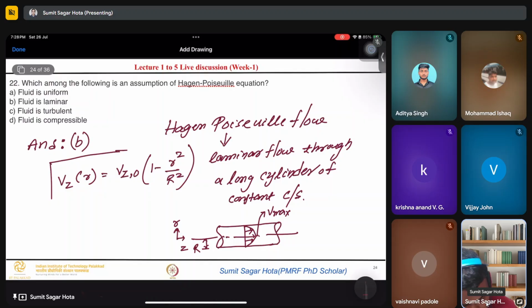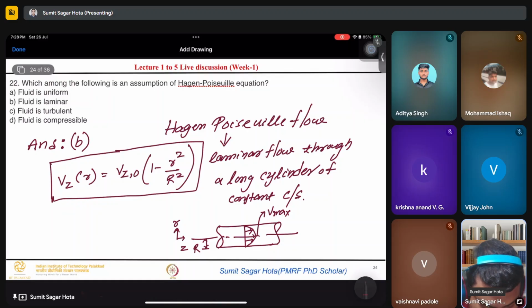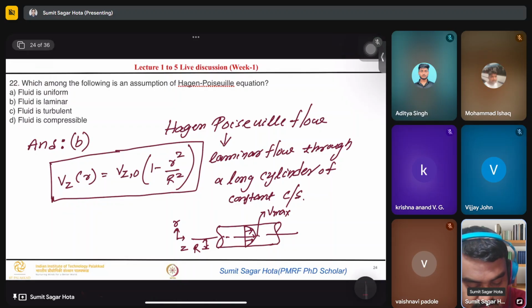This is the equation of the velocity profile for the Hagen-Poiseuille flow. There are other things you can search and learn about Hagen-Poiseuille flow.